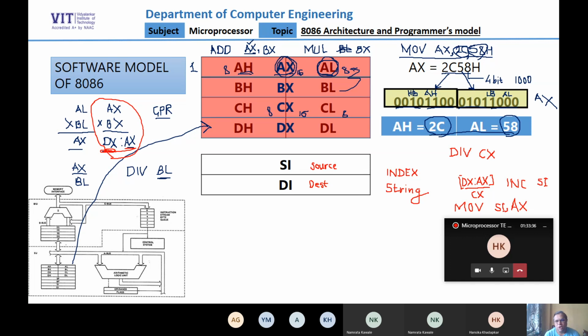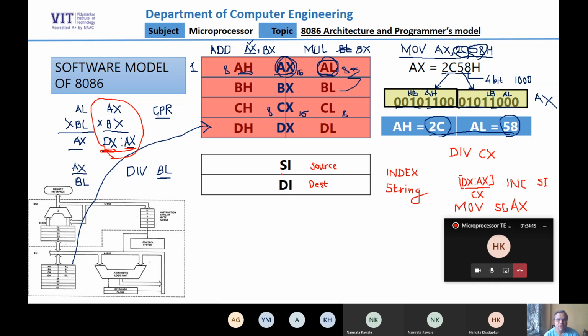So when we want to copy a string from a source location to a destination location, we need to point to a character in the source string. This indexing can be performed by using SI. At the same time, we should point to the character in the destination string, because there we want to copy the source character. So we want to have an index in the destination string also. That is normally performed by using DI.